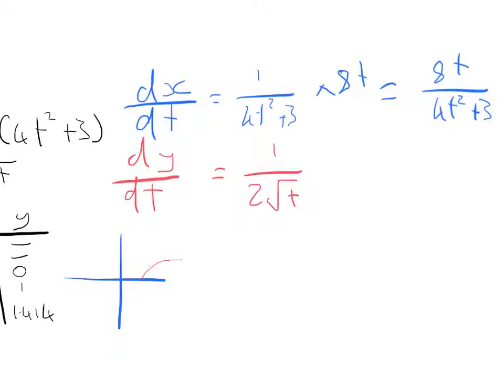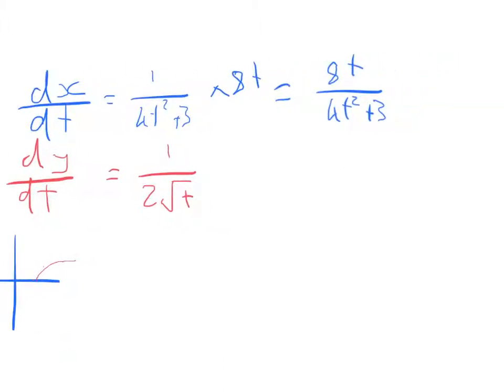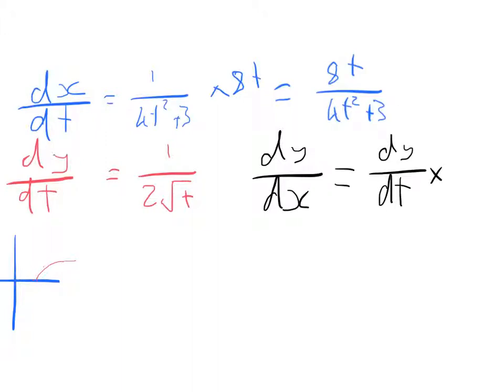Now, this is where it starts to get a little bit more interesting, because when we differentiate it, we're going to be flipping this one on the top to get dt over dx when we're putting them together. So dy over dx equals dy over dt times dt over dx.